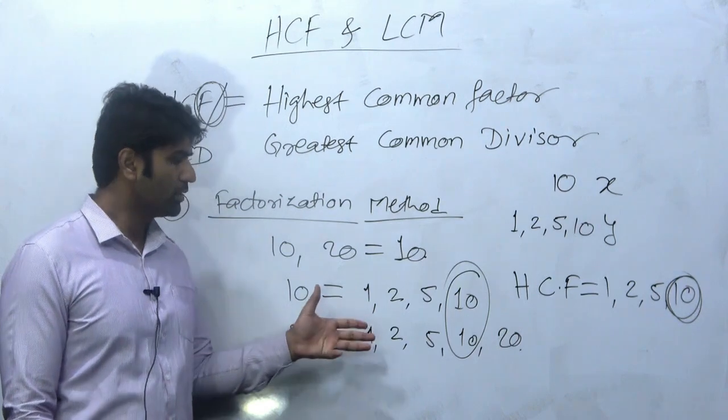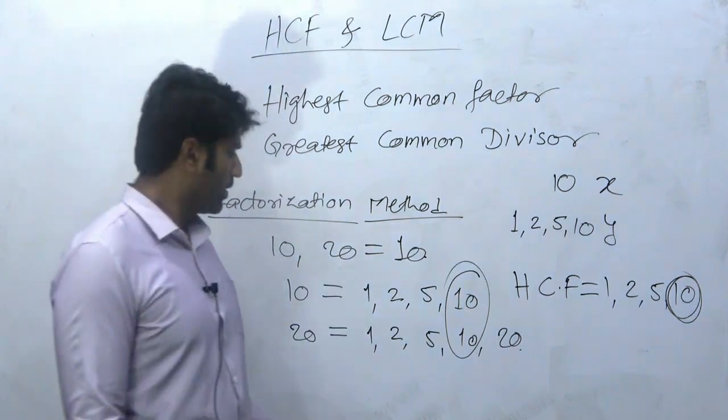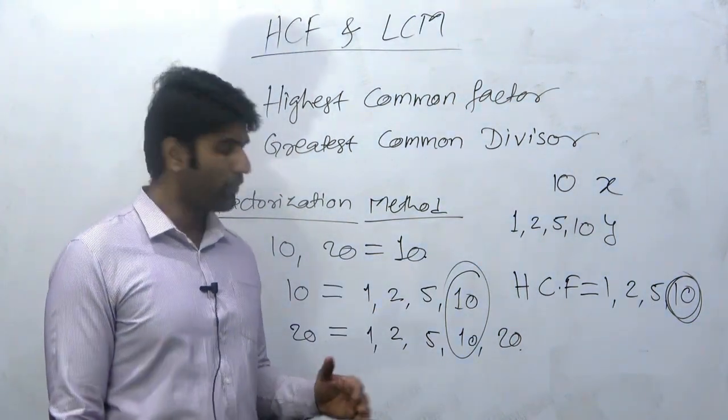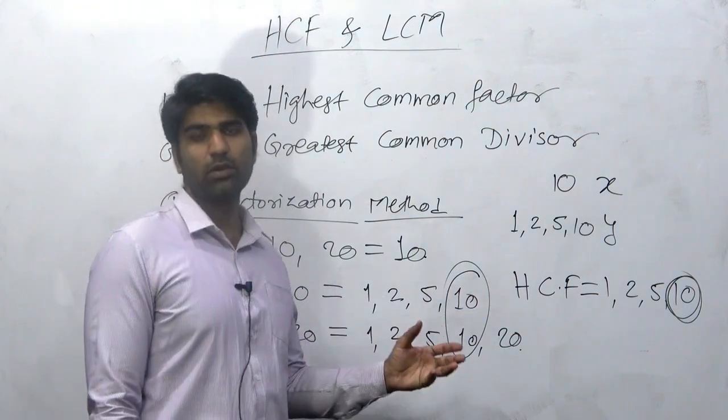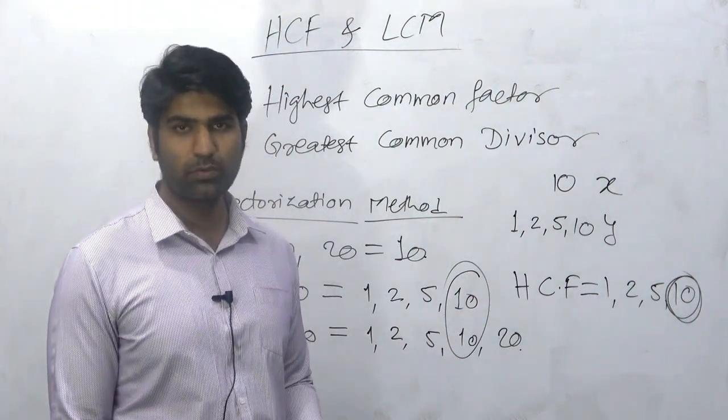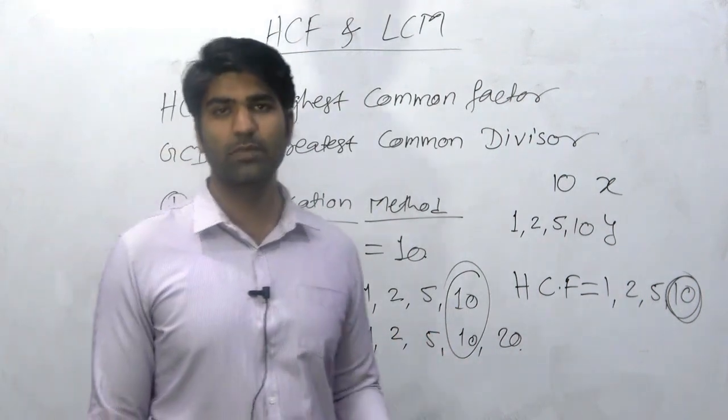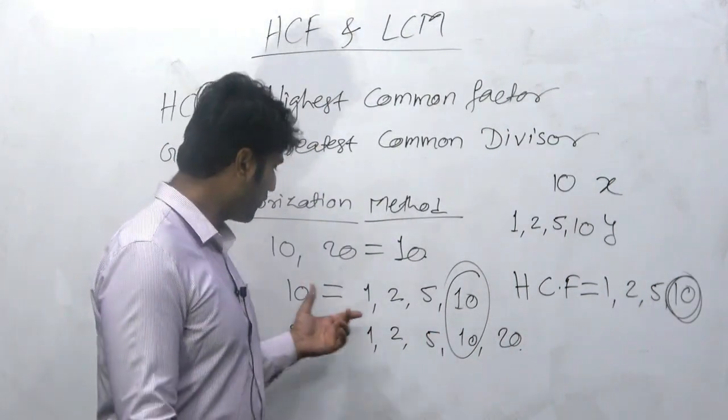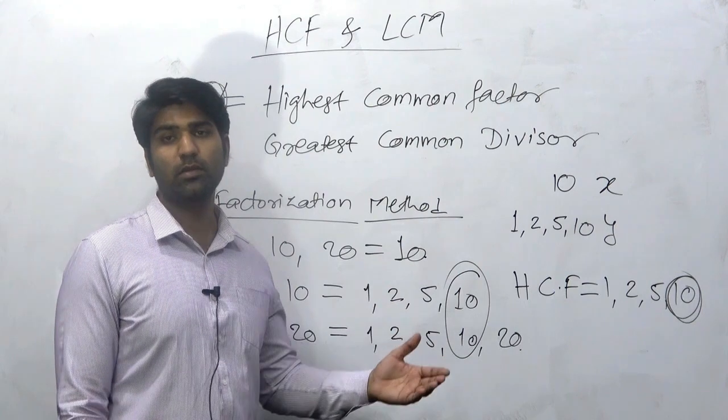As we have seen, in the factorization method we first find the factors and then the highest common factor, but this is not a feasible method. We cannot perform this operation for higher numbers.